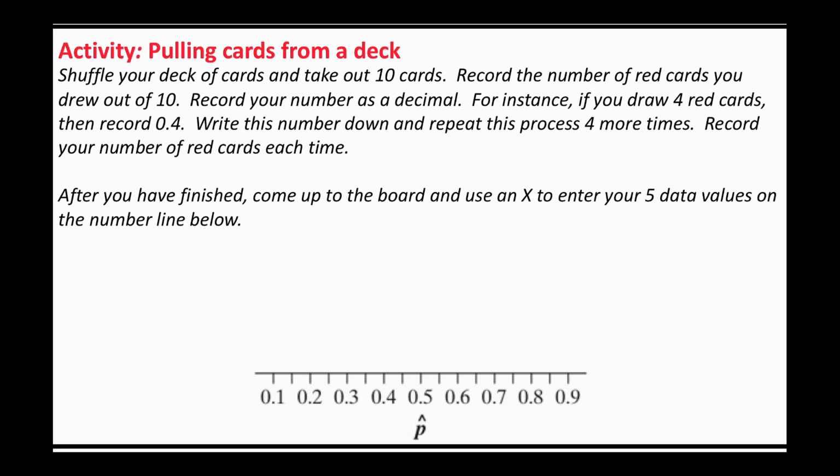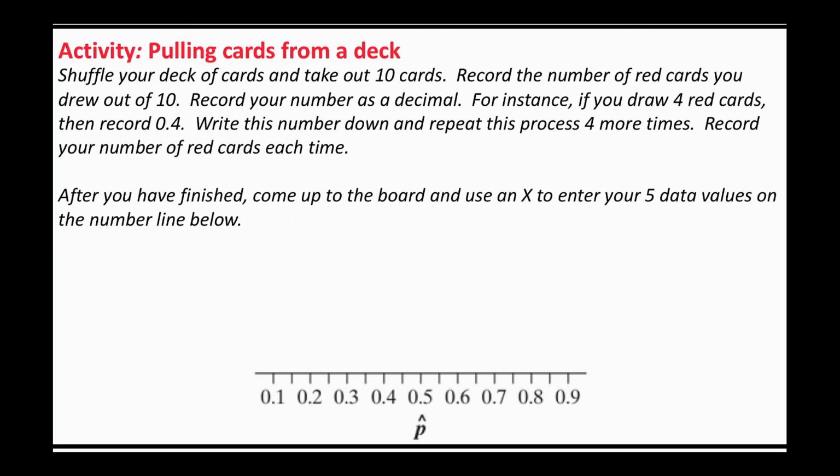They're hard to shuffle, man. So just shuffle real good.